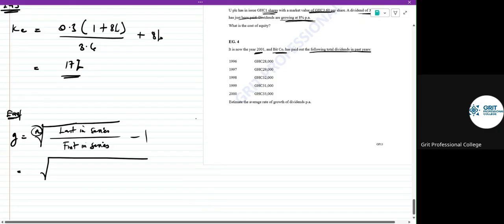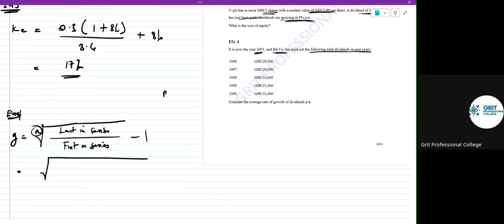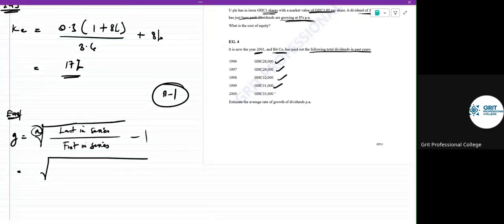In some books, or when you are solving questions, they've used n minus 1. What they mean is 96, 97, 98, 99, 2000. That is 1, 2, 3, 4, 5, so that is 5 minus 1. So for them, n is 4.